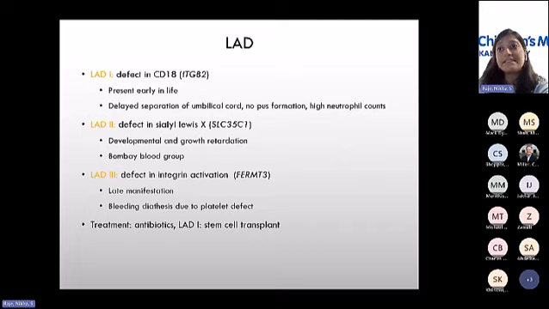LAD type 2 is less common and also a less severe form, and then LAD type 3 is also a less severe form with bleeding problems. These patients may not need transplant, just like LAD1 would need. LAD1 would need stem cell transplant for survival.